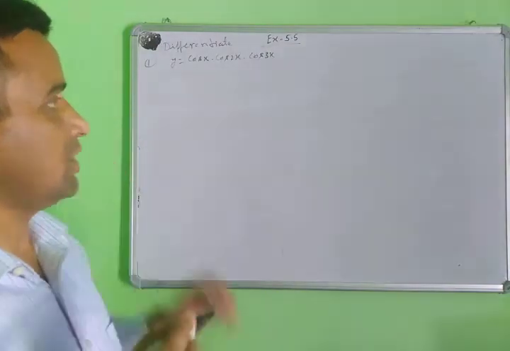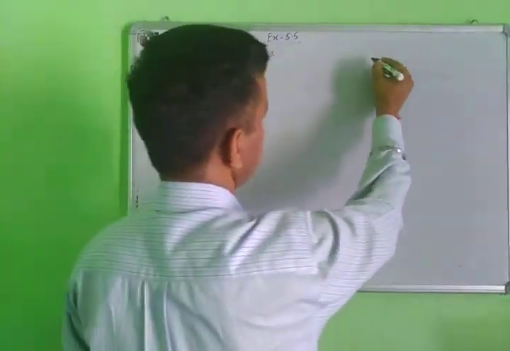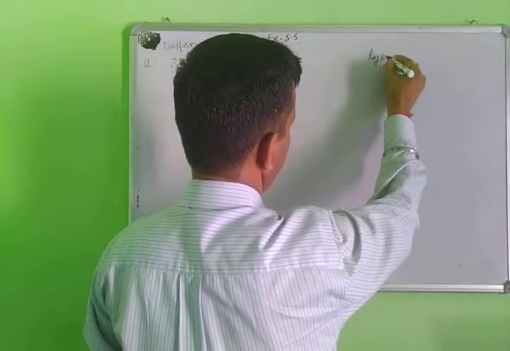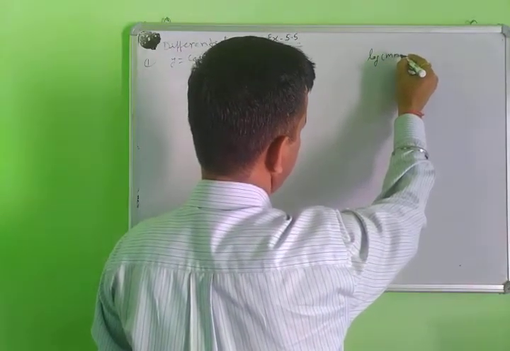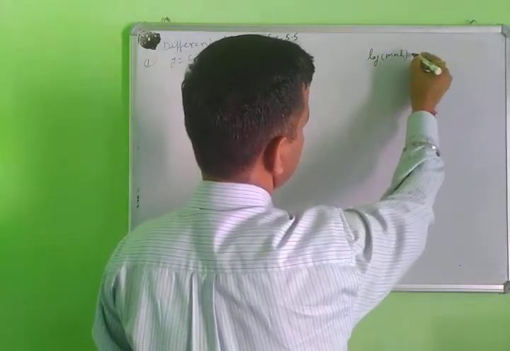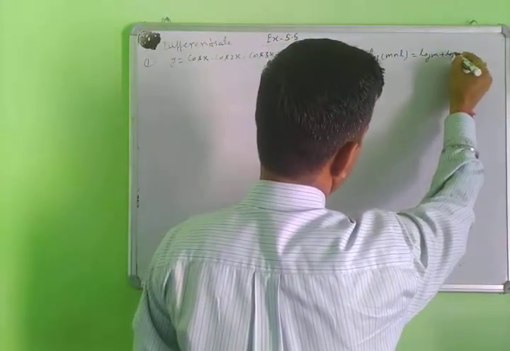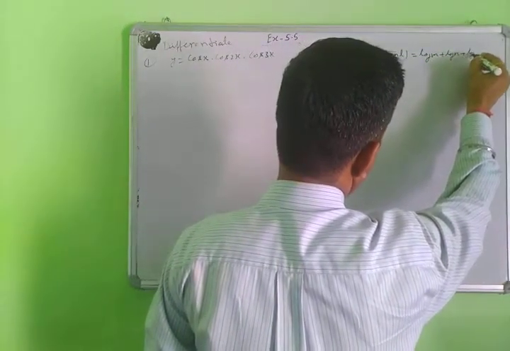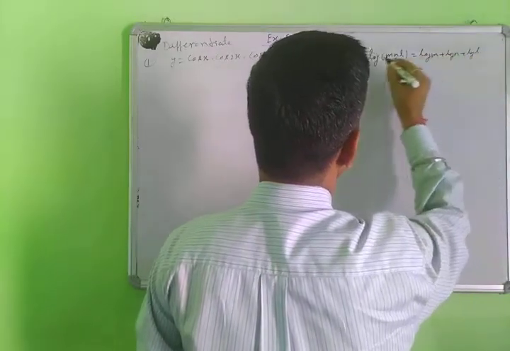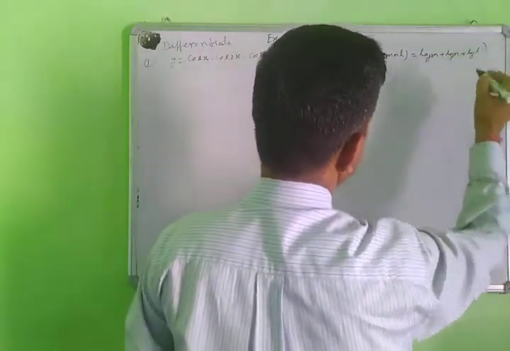Which identity will you use here? For m, n and l, log of m n l equals log m plus log n plus log l. You can use this identity here.